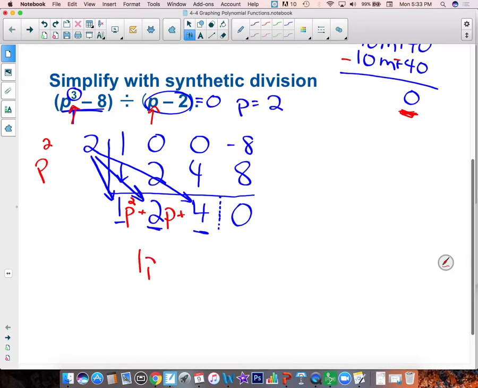So that's your final answer. And the same thing applies here. Remember, if you get a remainder right there, you can write your remainder over the polynomial you're dividing with. Okay? So those are the bell ringers.